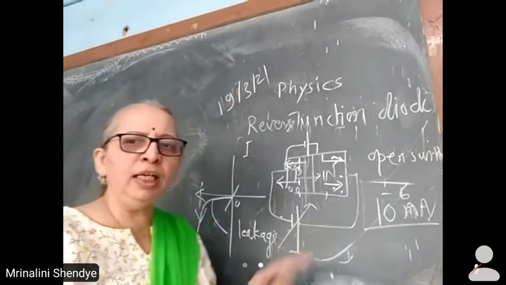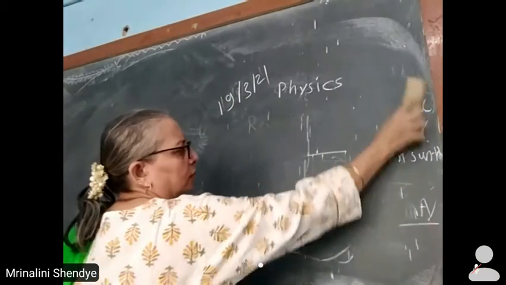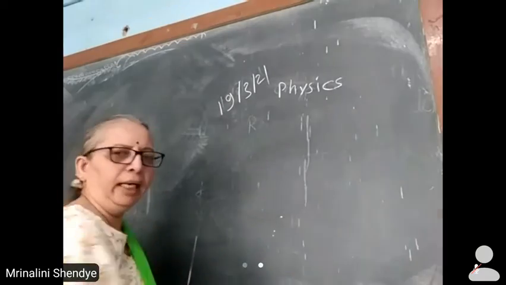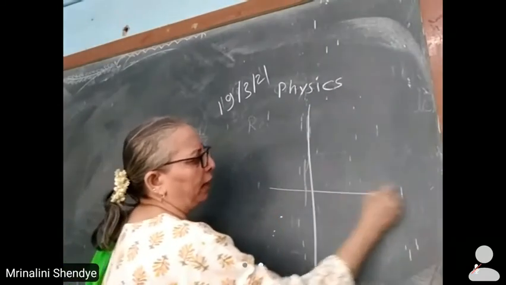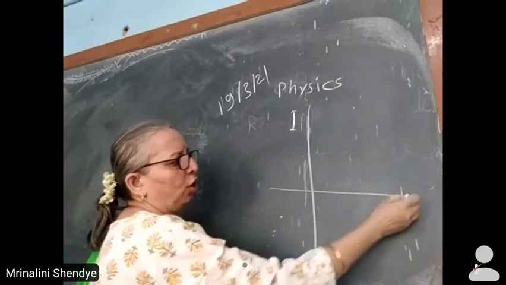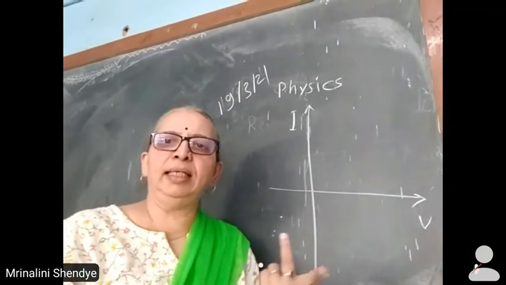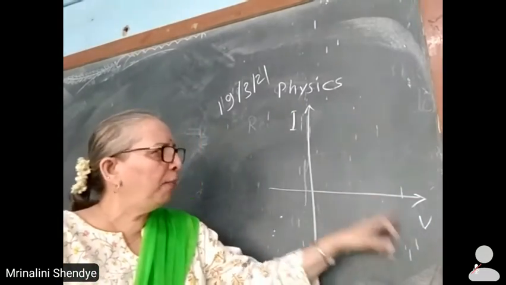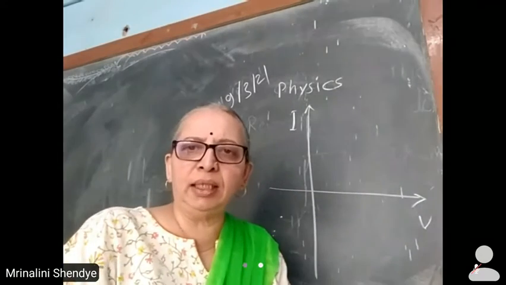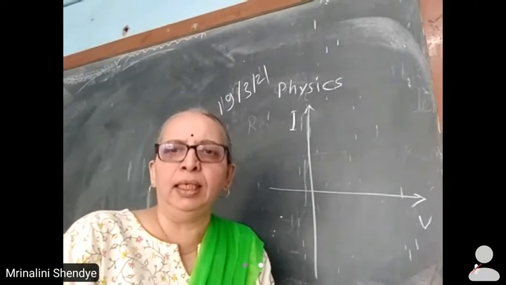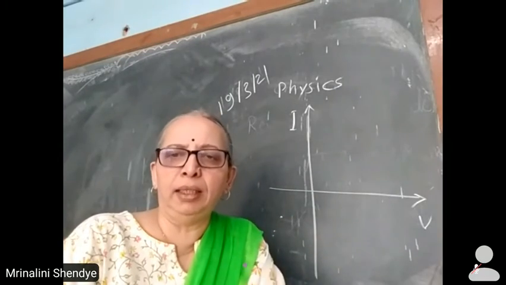So when it is forward biased, it conducts, and hence using this forward bias, since we have drawn the IV characteristics, you can define its resistance, because V upon I is resistance. So it offers resistance for the flow of charges even when it is connected in forward biased mode.